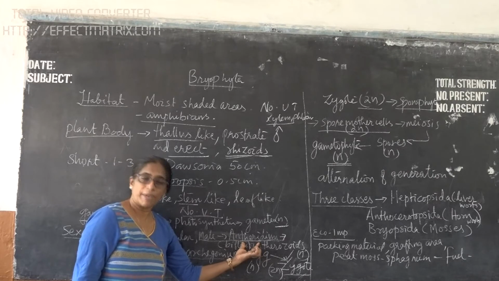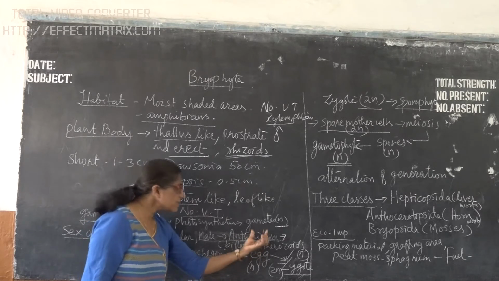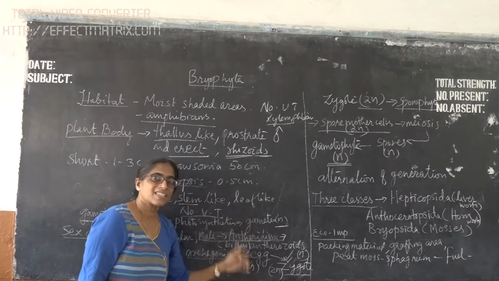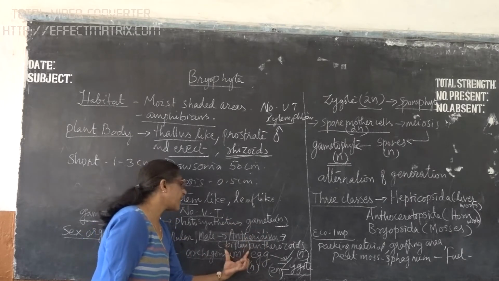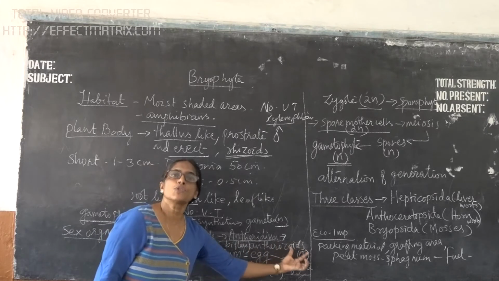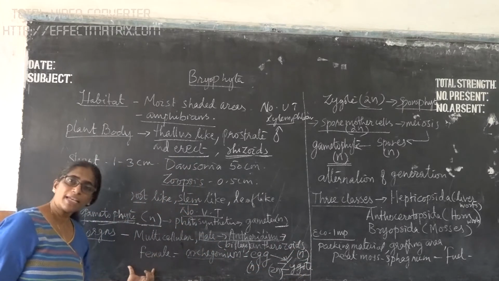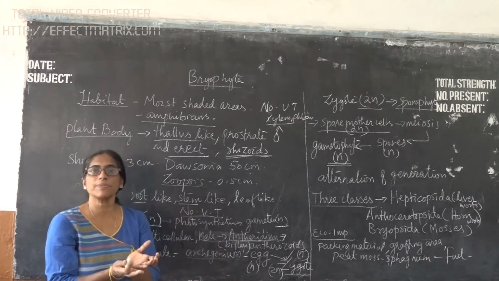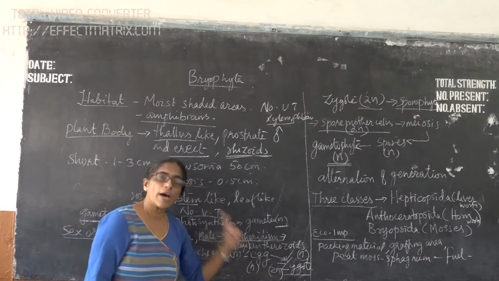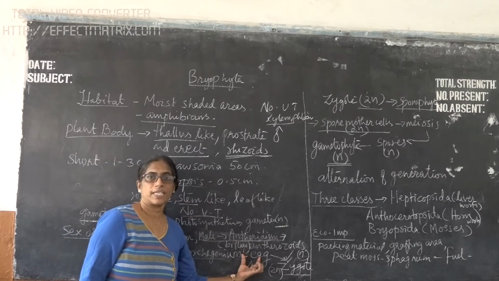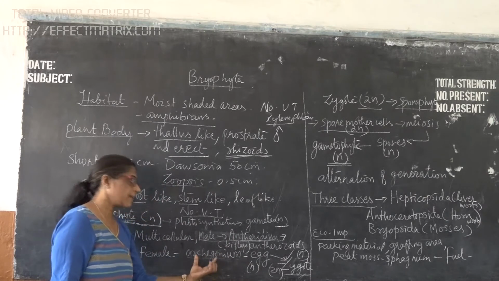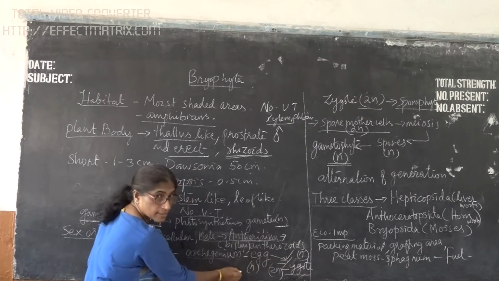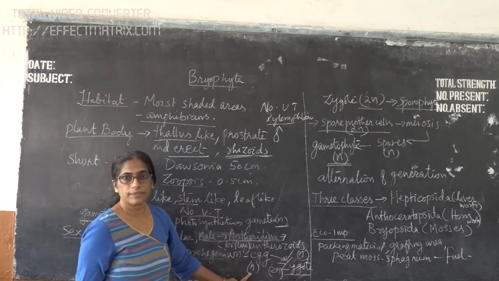And the female sex organ is archegonium. It is flask shaped and it contains one egg. Both the antherozoid and the egg are haploid.